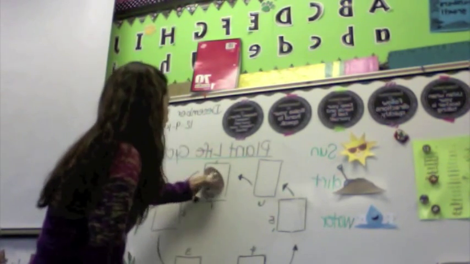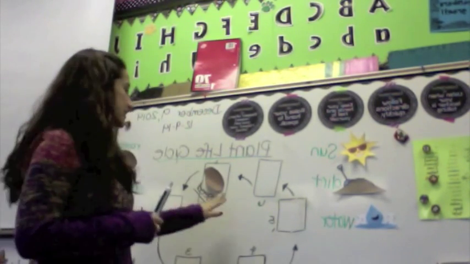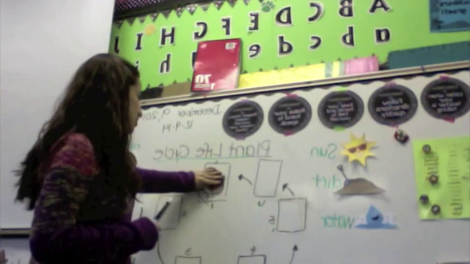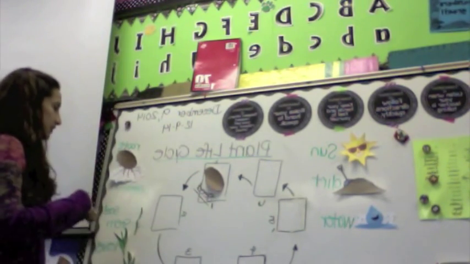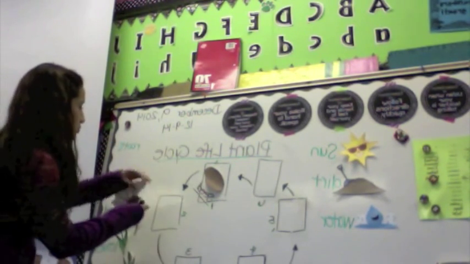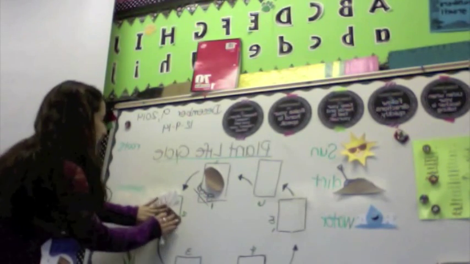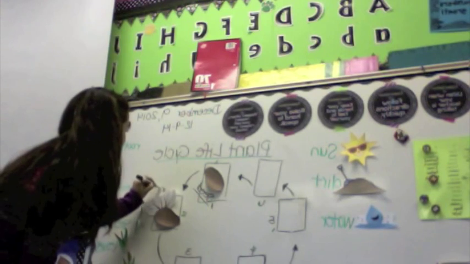You're going to draw your seed and then write the word seed. So we know that step number 1, it starts off as a seed, and then you have the word seed. So after step number 1, that seed grows roots, right? So we're going to put the roots in step number 2 and write roots.